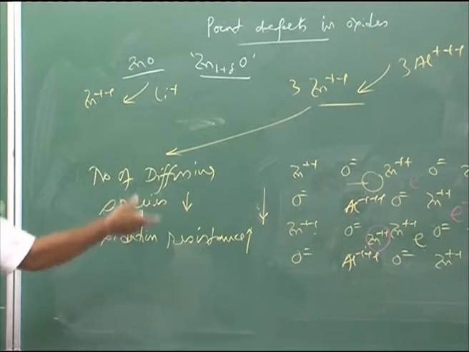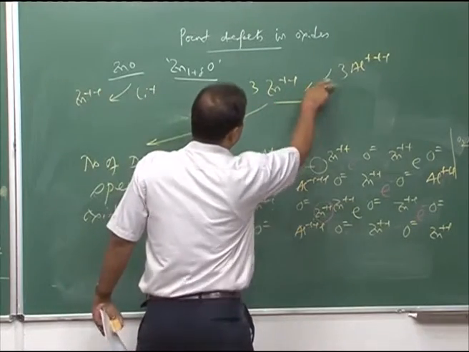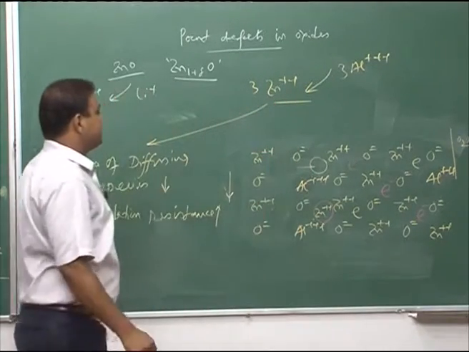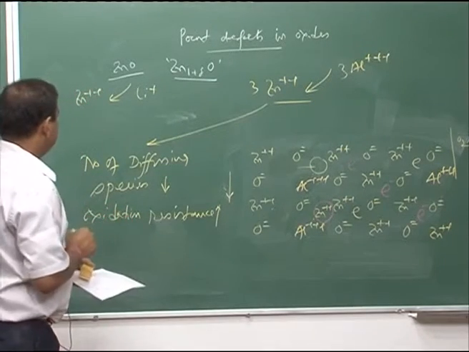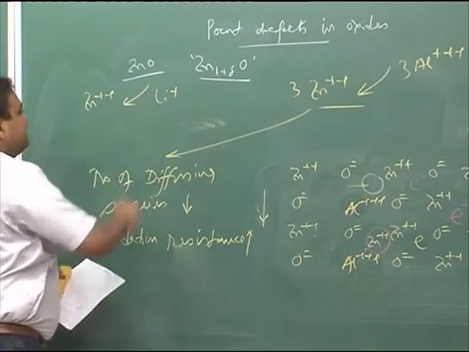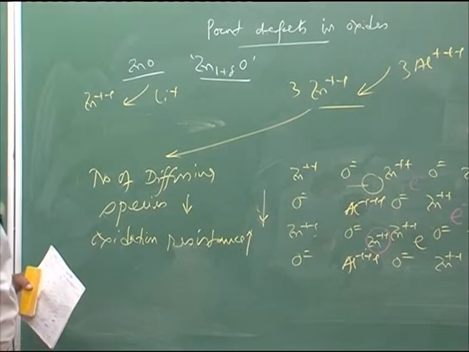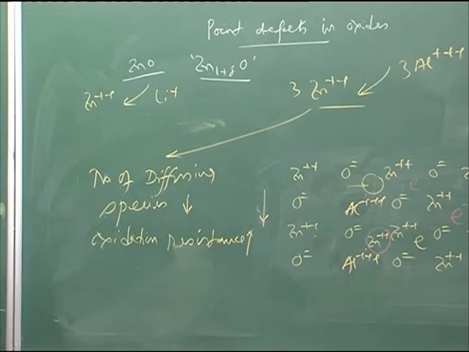So, that means if we dope zinc oxide with aluminum, there is improvement in oxidation resistance. But if we dope zinc oxide with lithium plus, then the oxidation resistance will go down.